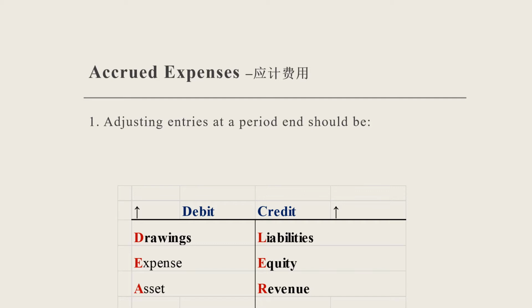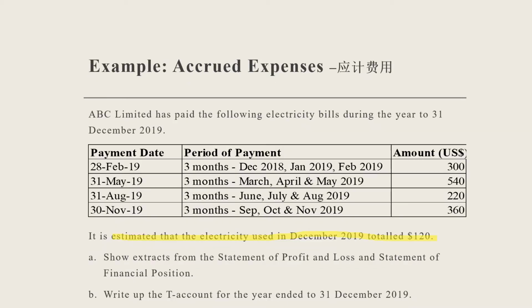The accounting treatment should be: debit the expense account, as expense is increased; credit accrued expenses, as accrued expenses is a current liability. Let's look at the example.